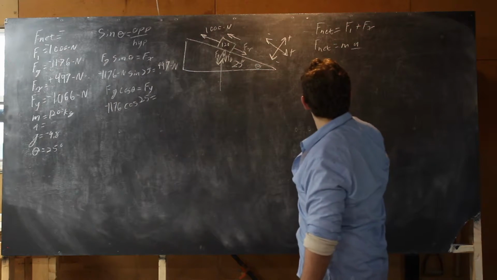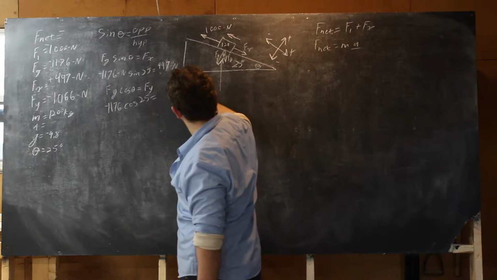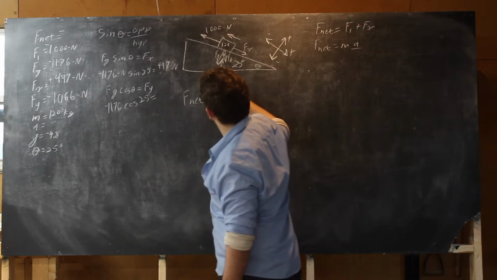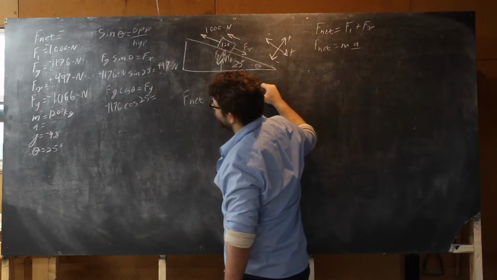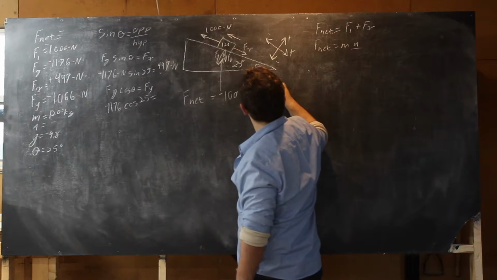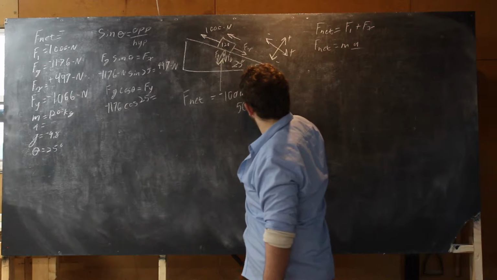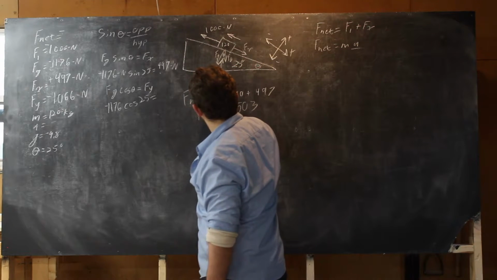Okay, so now let's go ahead and figure out what our F net actually is. So F net is equal to negative 1,000, sorry, plus 497. And that's going to give me negative 503 for an F net.